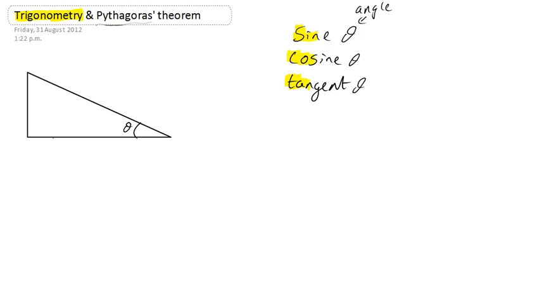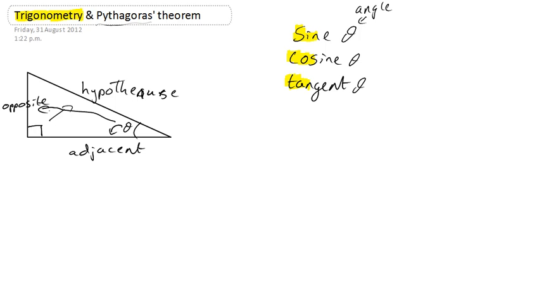Now, because it's a right angle triangle, and at level 1 we only have to know about right angle triangles, we know that the hypotenuse is opposite the right angle, but we've now got two new sides to label, and one is the adjacent, which means next to, so it's next to the angle, and one is the opposite, which, not surprisingly, is opposite the angle.